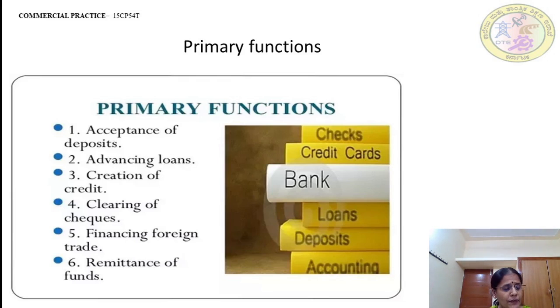Banks will also perform one other primary function, which is remittance of funds and financing of foreign trade, that is, on the basis of securities, which can be investment in foreign companies, it can also be investment in industries, it can also be investments by government.